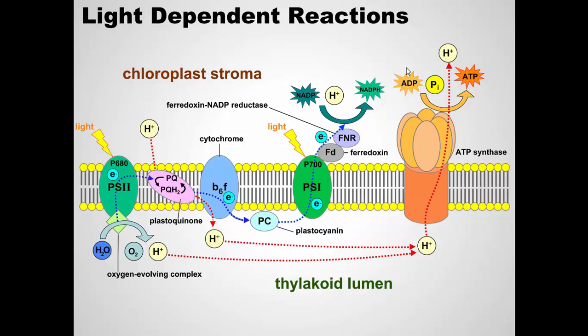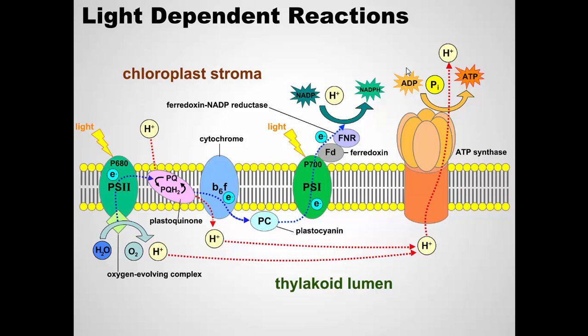So we have NADPH produced here, we have ATP produced here, and that complex process is what we call the light-dependent reactions. It happens in this membrane. Light excites an electron, electrons go back down to a lower energy level, but in the process pump hydrogen in.